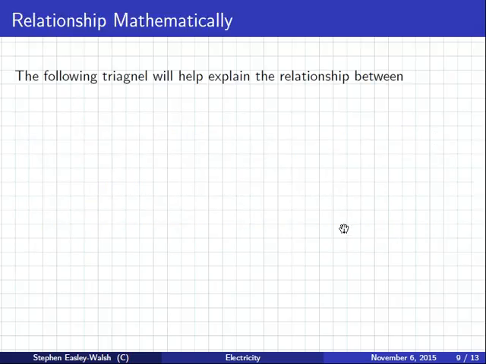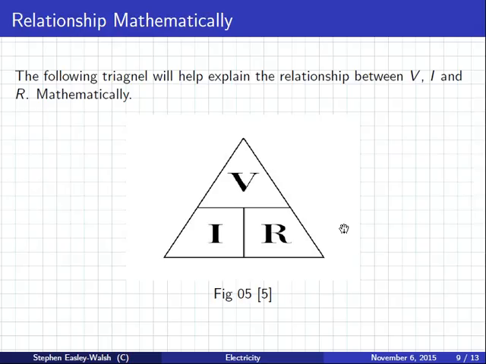Okay, so that's not how you spell triangle, but the following triangle will help explain the relationship between V, I and R. There is a formula that relates V, I and R, and it's represented in this nice triangle. If you want V, that's equal to I multiplied by R. If you want R, that's equal to V over I, and if you want I, V over R. So the V, I, R triangle will let you calculate what's missing if you know two of them.